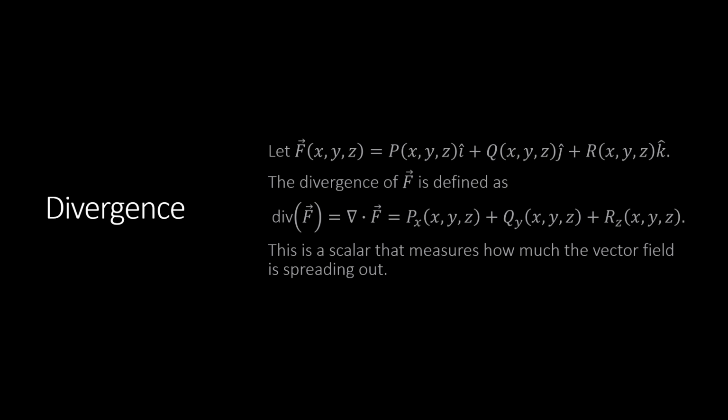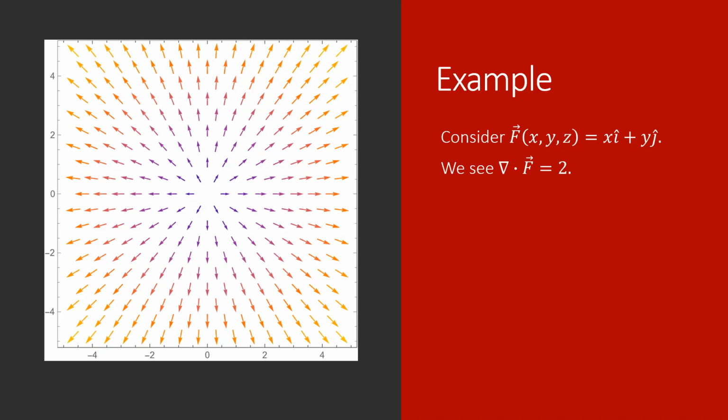We saw that the curl was measuring the rotation of a vector field. The divergence is going to be measuring how that vector field spreads out. So let's look at some of the examples we looked at before. This was one of our early vector fields: F equals x i plus y j, and we saw this one was spreading out in every direction.